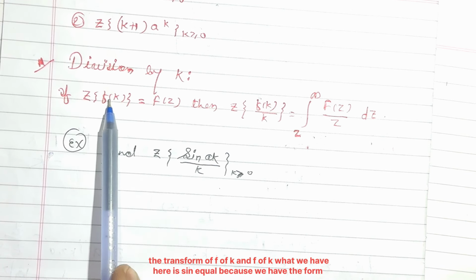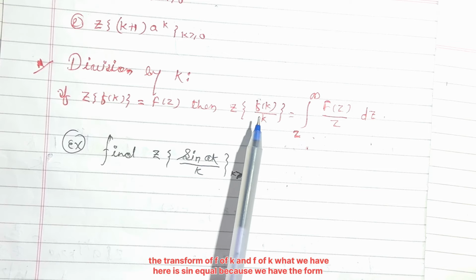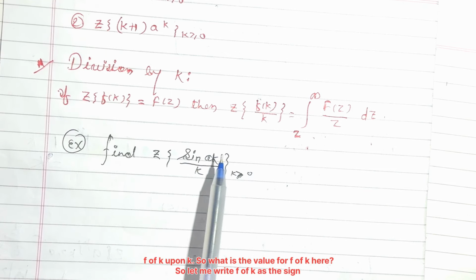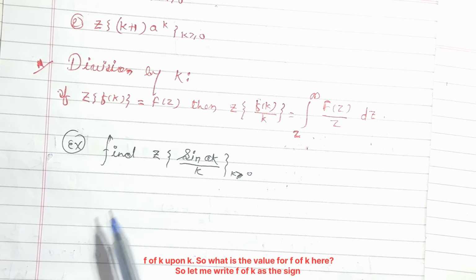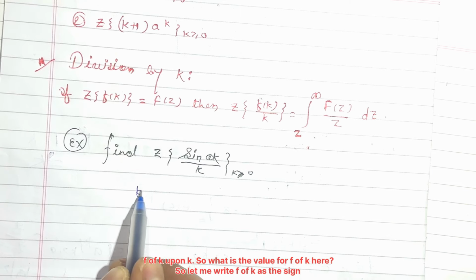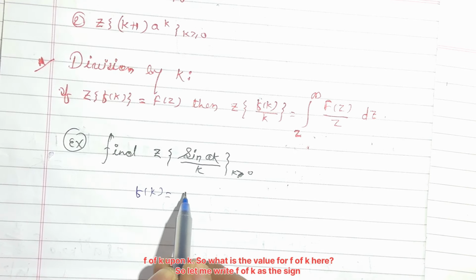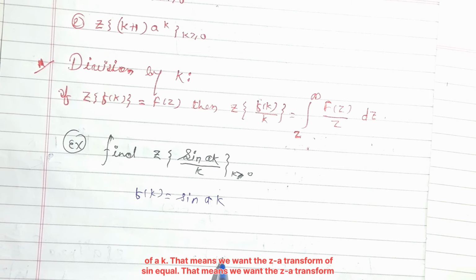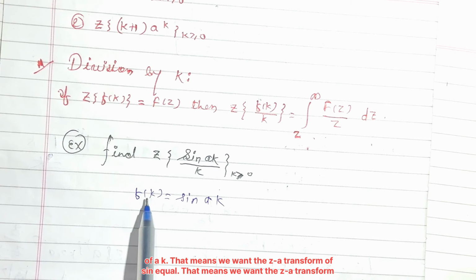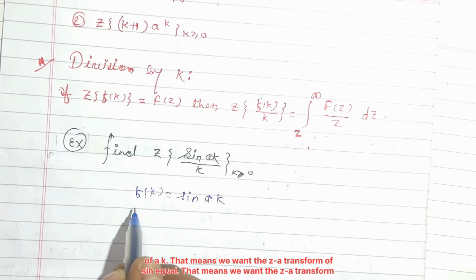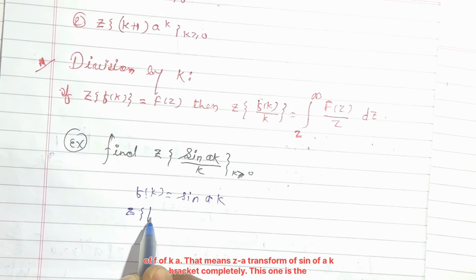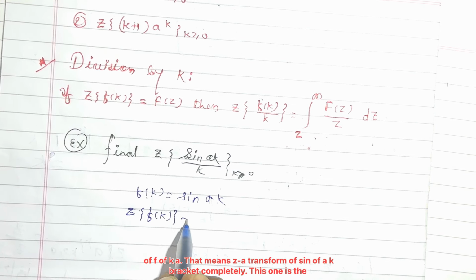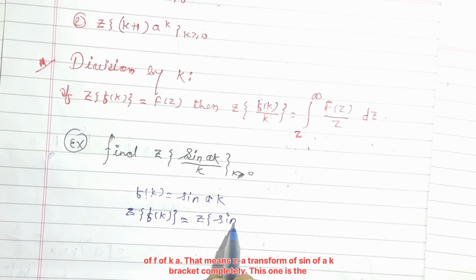Because we have the form f of k upon k, f of k is sine of ak. That means we want the Z transform of sine of ak.